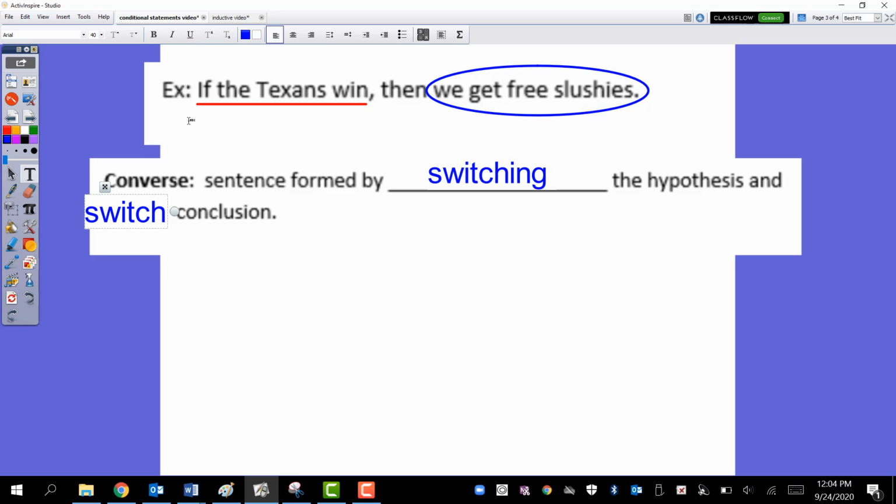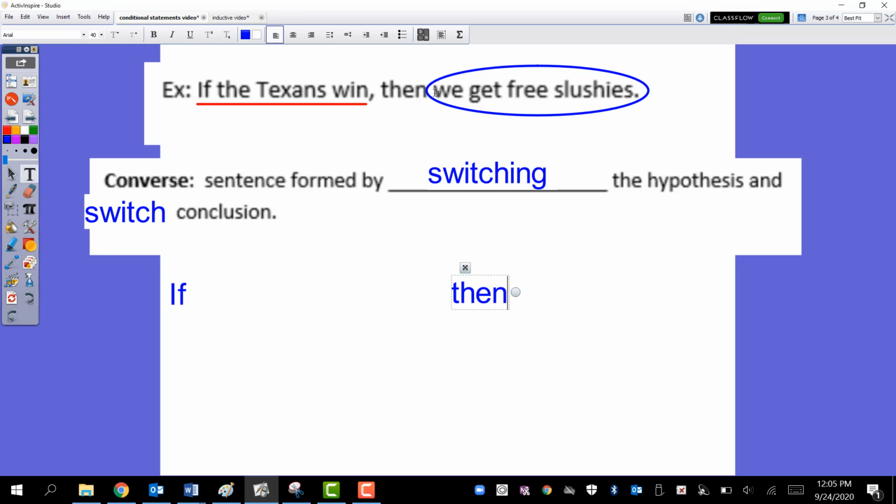Okay, that does not mean that if and then are moving. If always goes first. And then always goes somewhere in the middle, okay? But you are switching the two parts of the sentence, the hypothesis and the conclusion. So right now, the hypothesis was written first. So now it's going to be written after the word then.